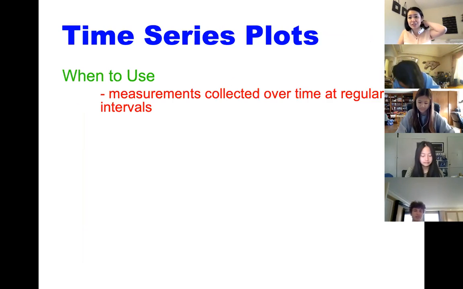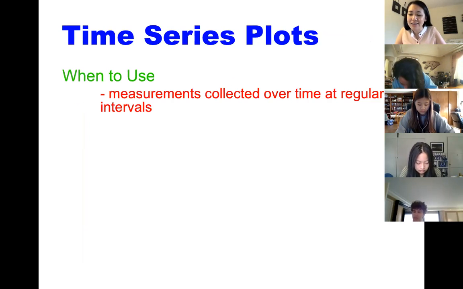So time series plots. Basically it's also bivariate, and we use it when we want to see a trend over time, how things change over time.